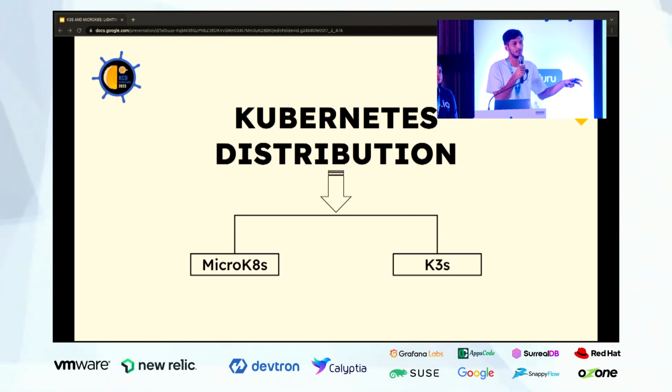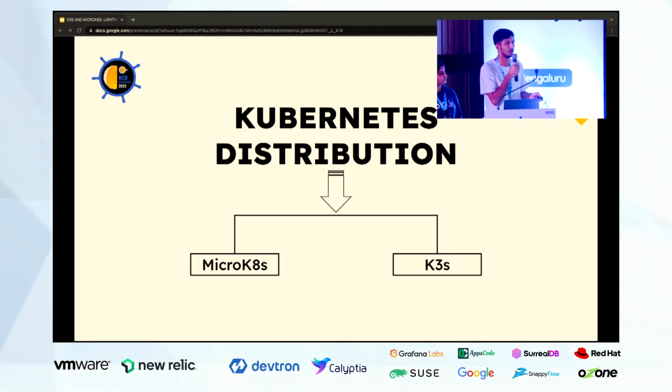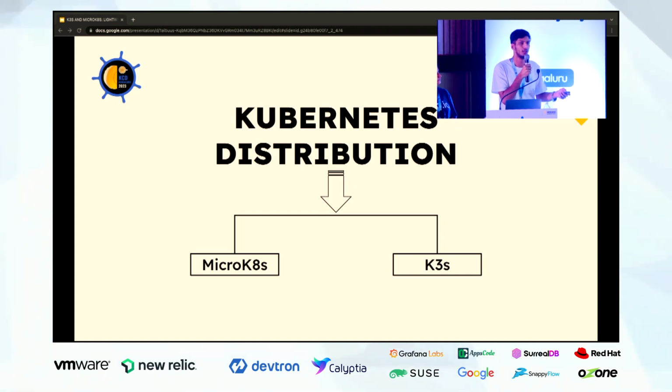They are enhanced for a particular use case, and some industries are using them there. Also, MicroK8s and K3s are the most used distributions if you are working with edge. MicroK8s was initially built as an edge solution, but you can also use it for a production-level environment.